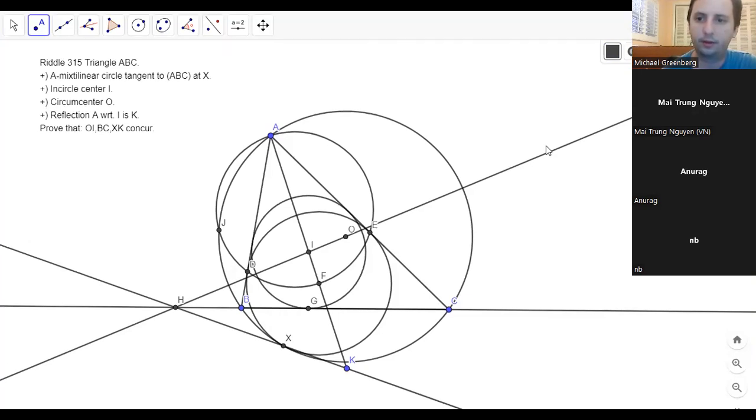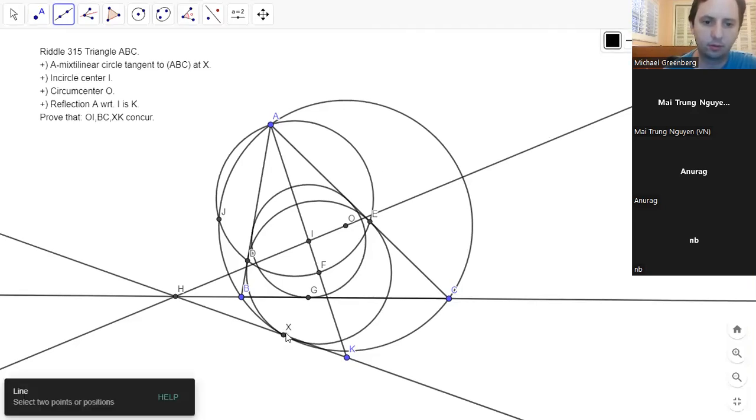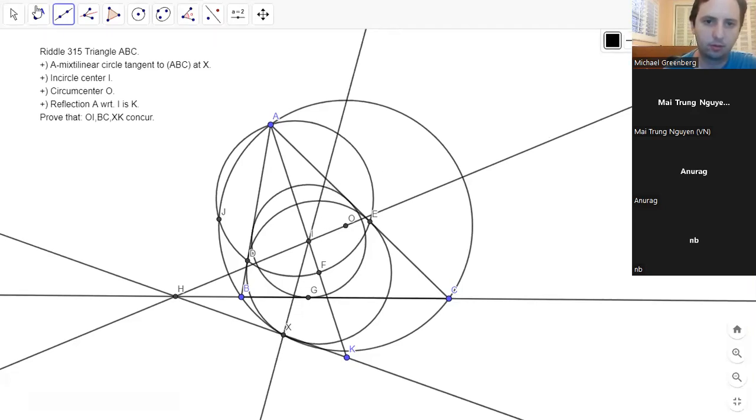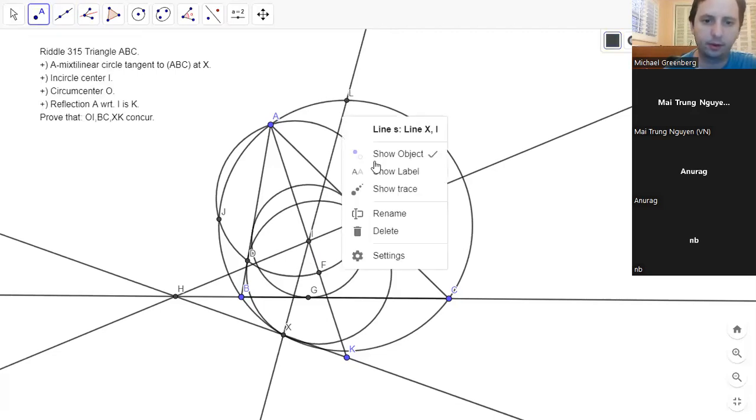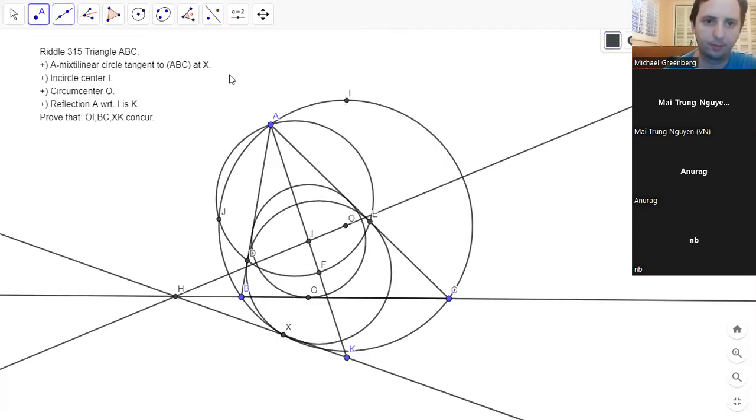And I intersect XI with ABC. All right. So yeah, that's the midpoint of arc BAC. That's a well-known theorem.